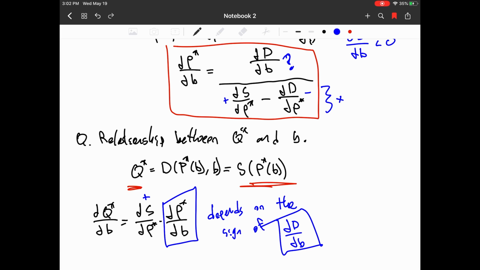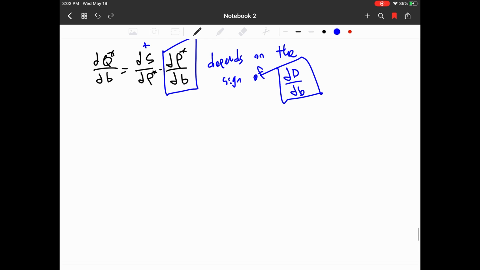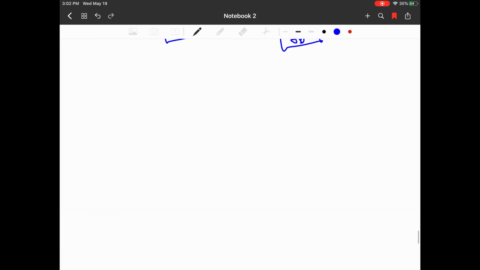In your intro class, you probably used the midpoint method for calculating elasticities. But since calculus is really about changes that are really small, because we have these tools, we can really simplify our elasticity concept. So we're going to work through some examples and some definitions first.